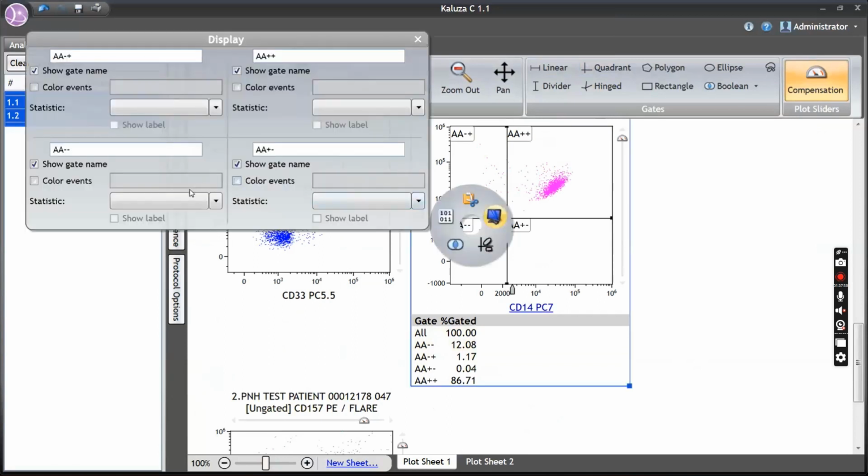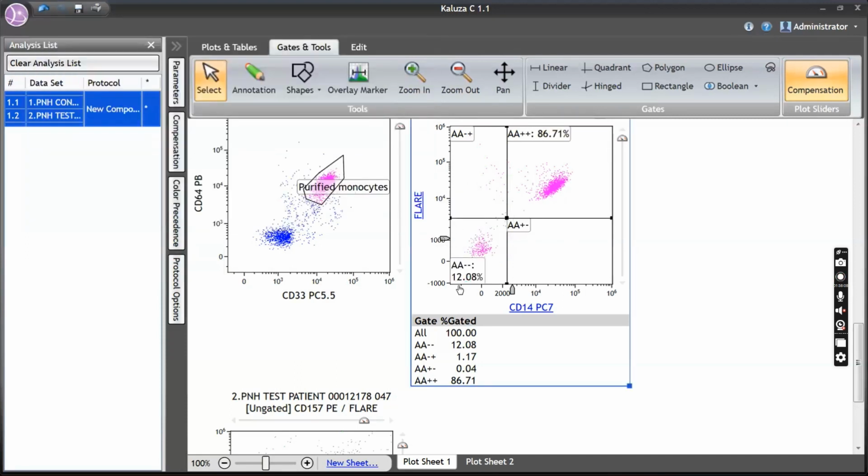So you can also check in this gate also. These are all statistics, just getting the population. So 12% of monocytes are PNH clone and 86% are normal monocytes.